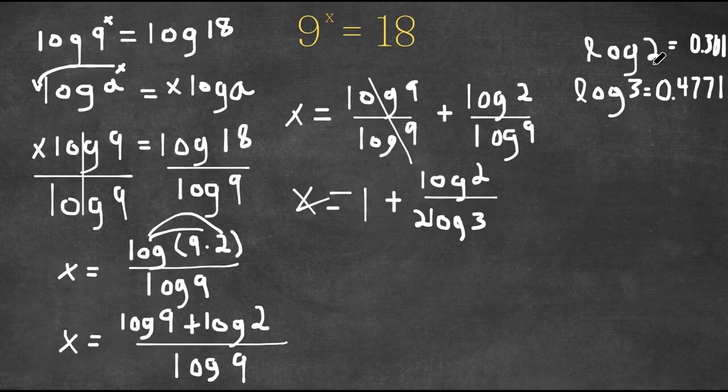So now if I plug in these numbers, we would get 1 plus log 2, which is 0.301, over 2 times log 3, well, that would be 0.9542.